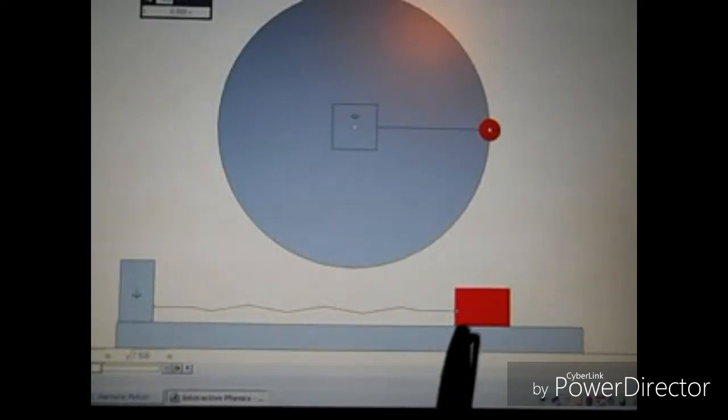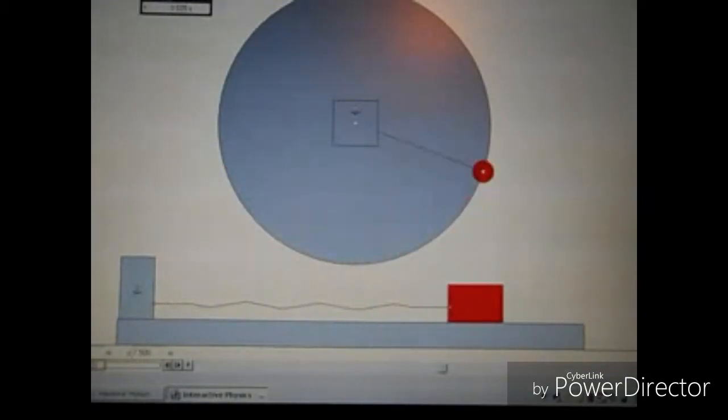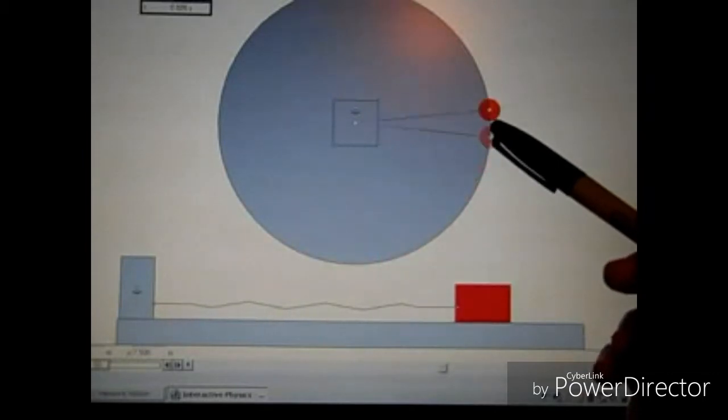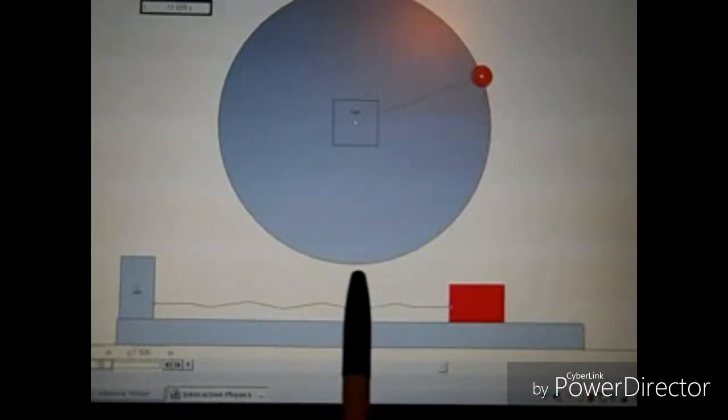The spring is not stretched right now; it is in its relaxed position, called the equilibrium position. Notice that whenever the circle is right here, the box is right there. And when the circle is right here, the box is right there.